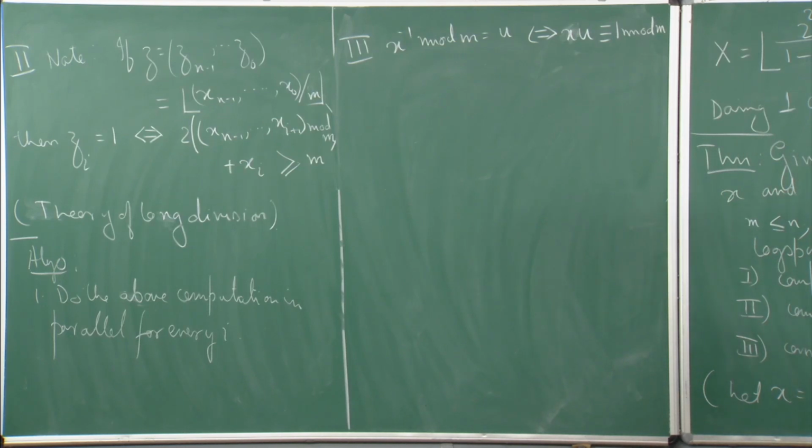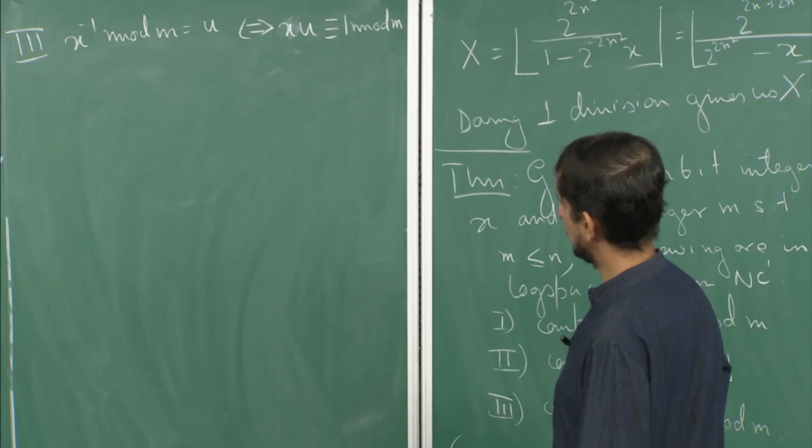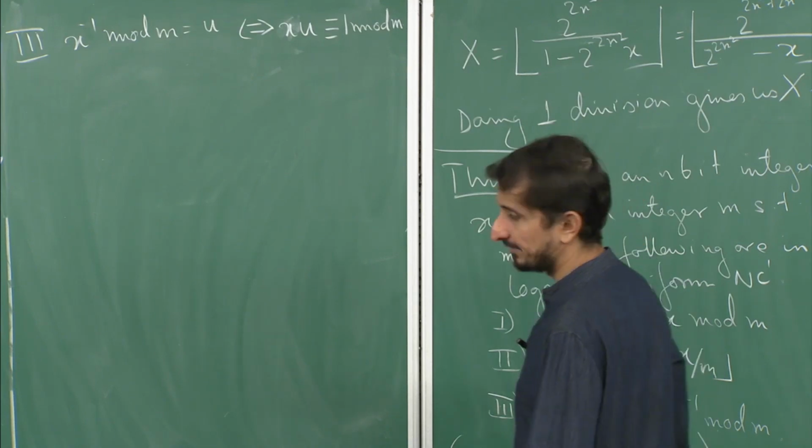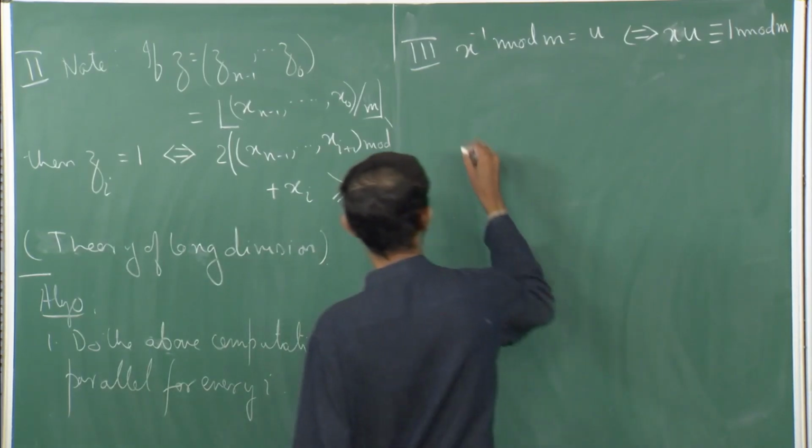So I want to output u over here, u is at most m, so I just do this check in parallel.